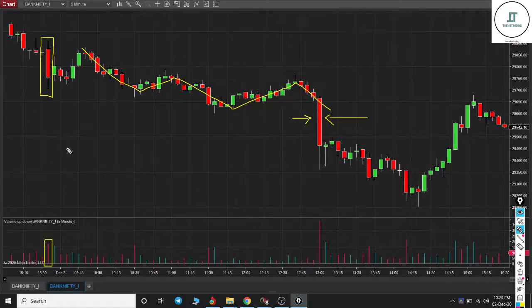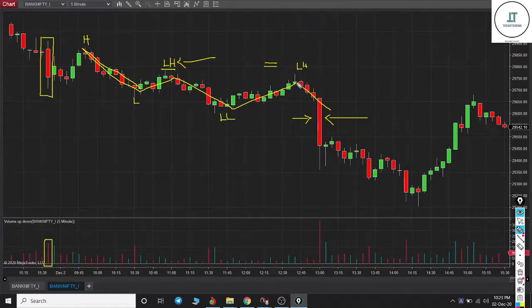Slowly look at the trend. This is the high. We are getting a lower high formation, and this is the lower low formation, again a lower low when compared to this, or I can say equal lows. But still this low has not broken out clearly.